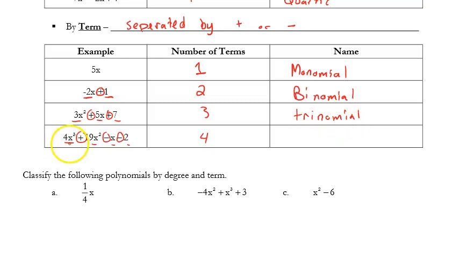And then once we hit 4 terms, 5 terms, there does become a point where there are names, I'm sure, but in our Algebra 1 class, we're not going to necessarily need to know the specific mathematical names. So for now, anything beyond a monomial, binomial, or trinomial, we'll call by the number of terms. In this case, I would call it a 4-term polynomial. If there was 5 terms, 10 terms, I would use this same terminology.